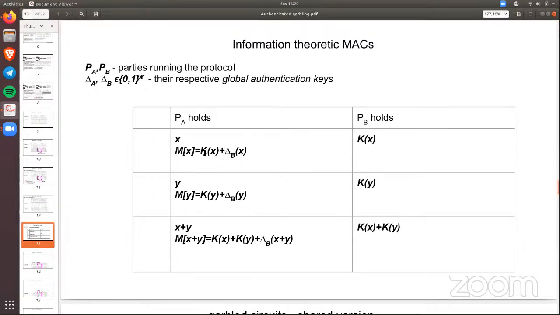K of X is not K times X; it could be a lower script. This whole thing is a one-time key, and it belongs to the same space everything belongs to, which is the sequences of length kappa.